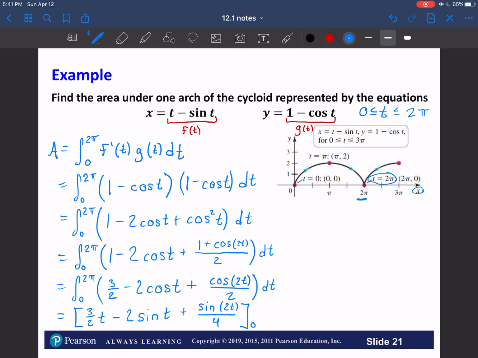This whole thing is evaluated from 0 to 2 pi. And if we plug this in, then we are going to get 3/2 times 2 pi minus, well, 2 sine of 2 pi is just 0. Sine of 4 pi is 0, so that's all 0.